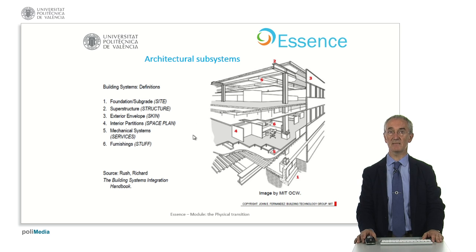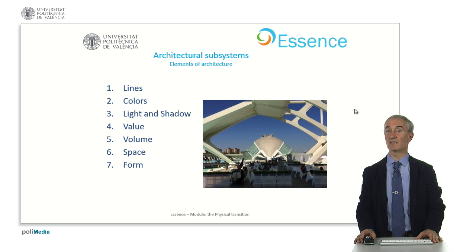All these subsystems have especially different constraints which are to be integrated also with the elements which are more at the design level, which are provided by the architectural concept of the buildings.